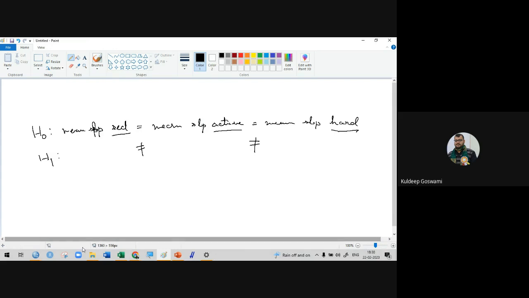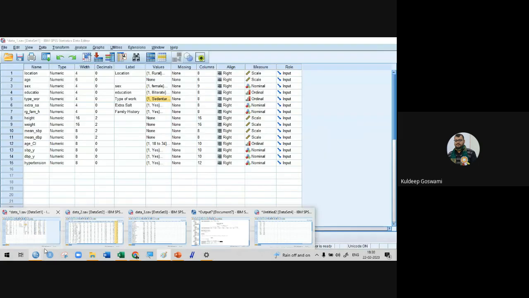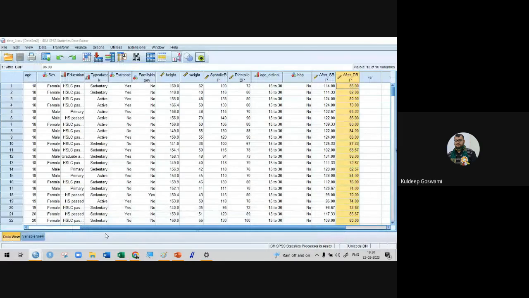Again, a query may arise in your mind: which category is different? Whether all three categories are different from each other, or only one or two categories are different.